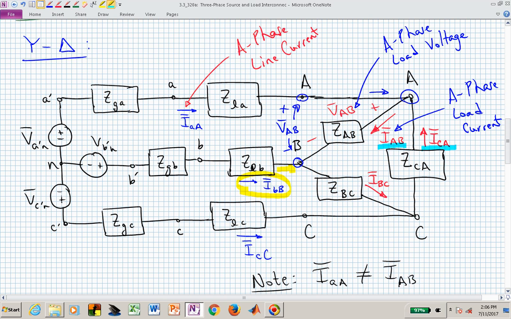And we would have to do that algebraically, being consistent with Kirchhoff's current law. So in this load configuration of a delta, the A phase line current is not the same as the A phase load current.